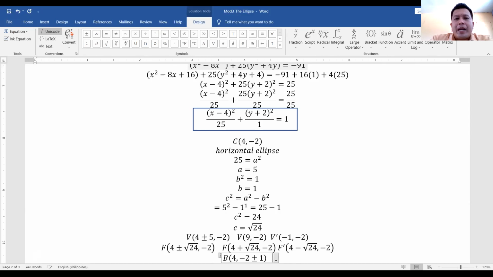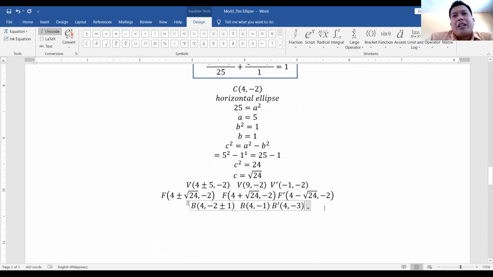So if you express B in individual coordinates, that would be 4 and -2 plus 1, which is -1. And then the other coordinates for B, which is B prime, will be at 4 and -2 minus 1, which is -3. So these are now the coordinates of your intercepts.